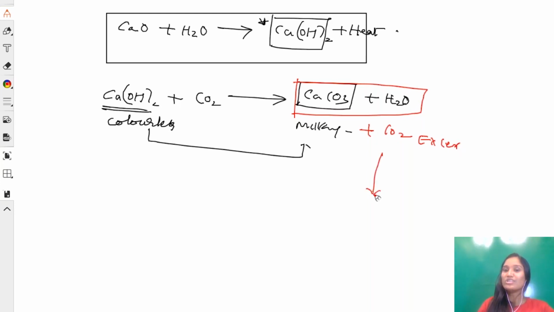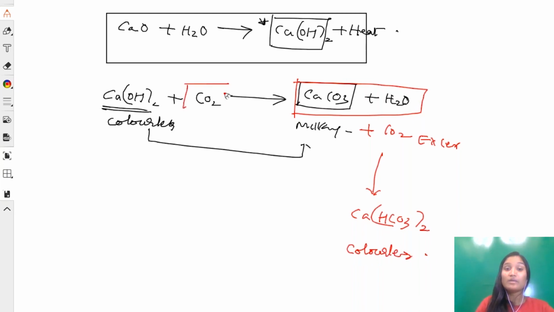This excess quantity of carbon dioxide will react with the existing calcium carbonate and lead to the formation of calcium bicarbonate, Ca(HCO3)2. And the color of calcium bicarbonate is again transparent. It doesn't have any color.